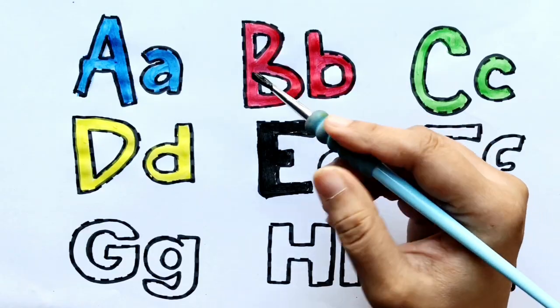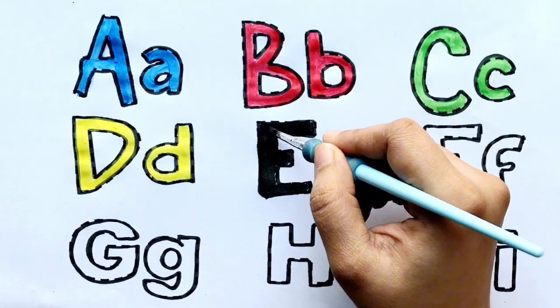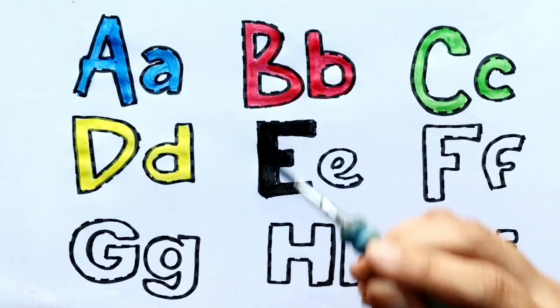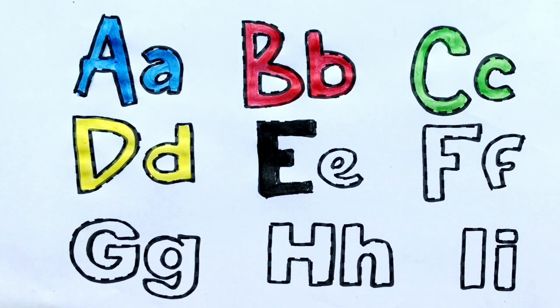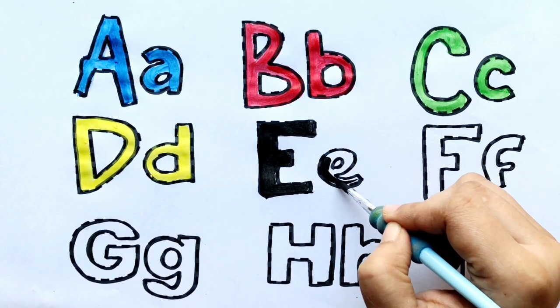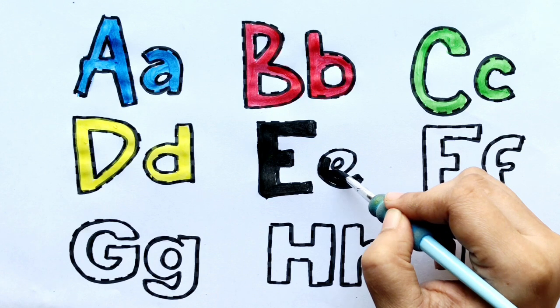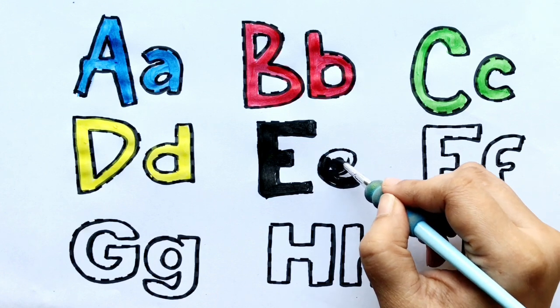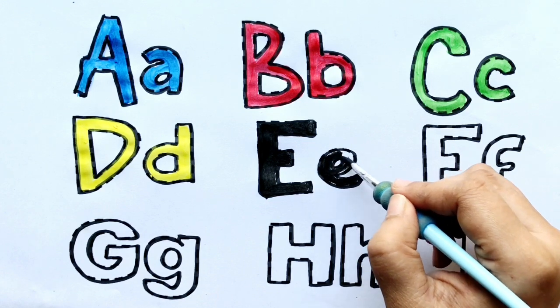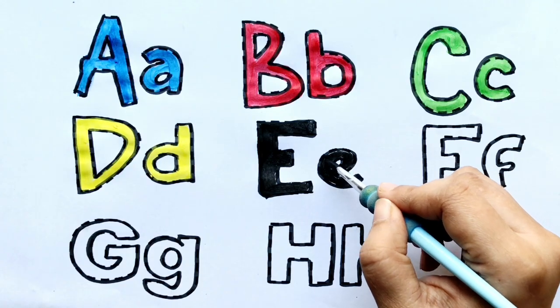Next time, won't you sing with me? A B C D E F G H I J K L M N. Small letter E. E for egg. S T U V W X Y and Z.